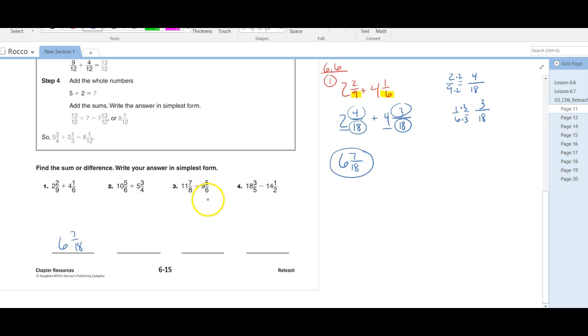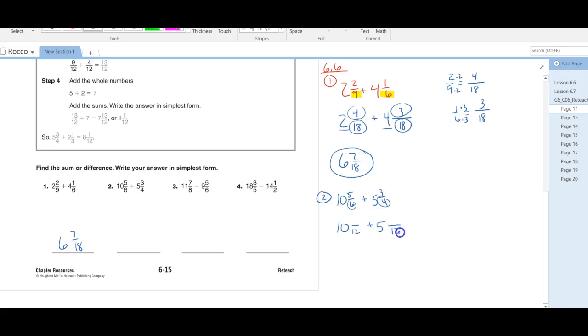All right. Now, when we look at number two, you have 10 and 5/6 plus 5 and 3/4. The common denominator between 6 and 4 is 12.